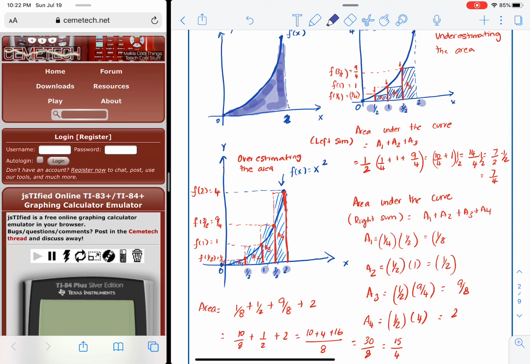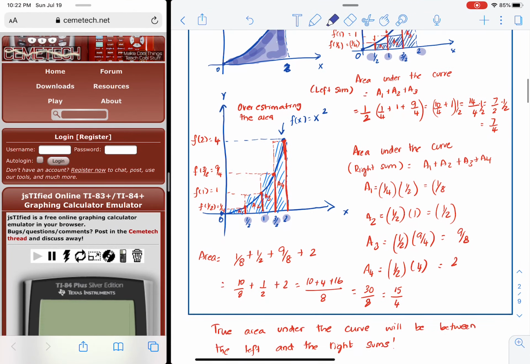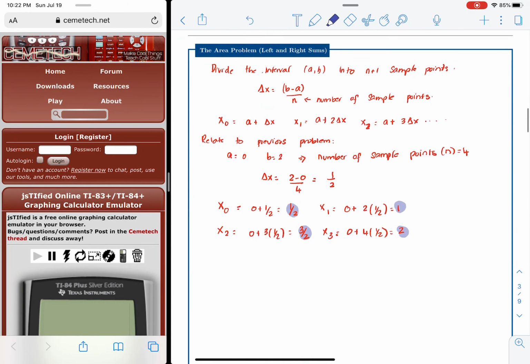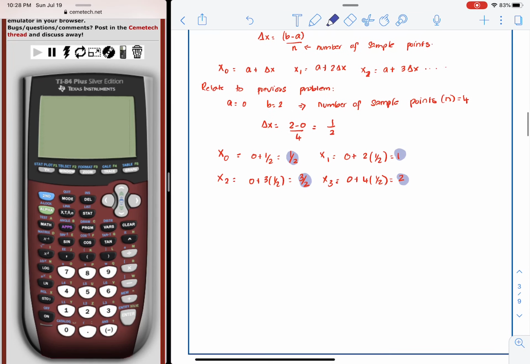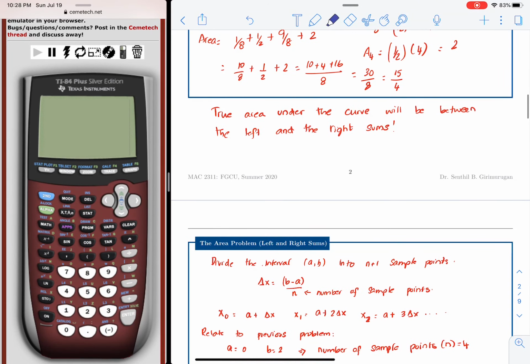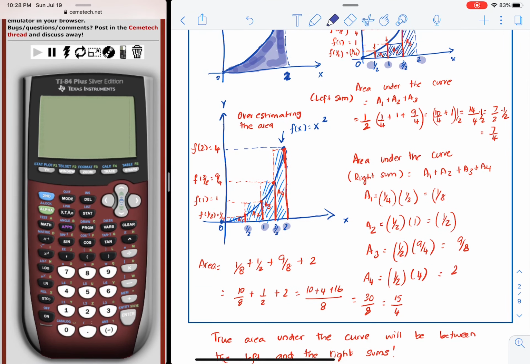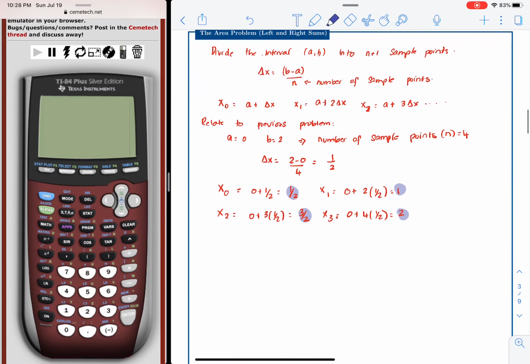Now we just have to formalize how we write the left and the right sum in this case. So now we could relate the left sum and the right sum to the sample points that I wrote. If you look at the graph, the left sum used the points 1/2, 1, and 3/2.